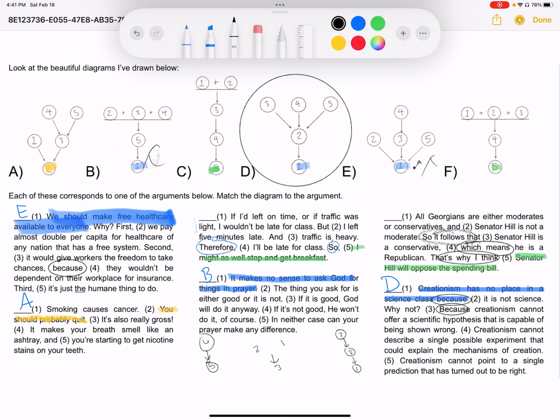Well, there's only one argument available here that has that pattern, that has these little bits that I've indicated in the argument, and that, of course, is argument C, which is why C is the correct answer here. And then, by process of elimination, we're going to put F in for that last argument.